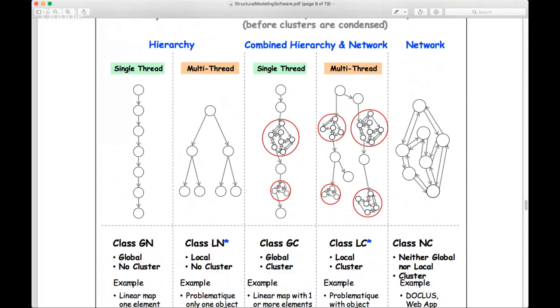But in the multi-threaded, the guy at the top can reach everybody, but the second guy down, he can't reach that other guy over there. And at the third level, the guys on the left side can't reach the guys on the right side, right? So there's zeros in there. But if you start with an adjacency matrix and iteratively multiply the matrices, you end up with a reachability matrix, whether it's single-threaded or multi-threaded.